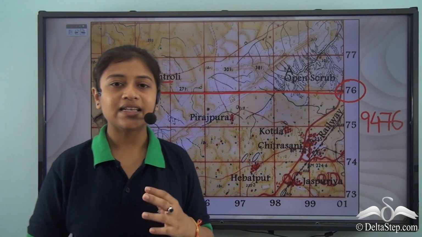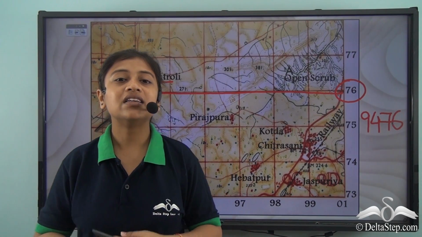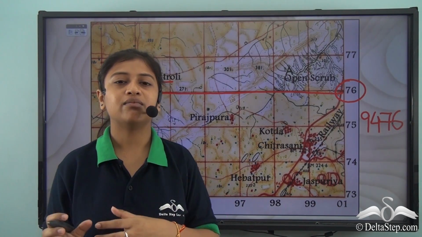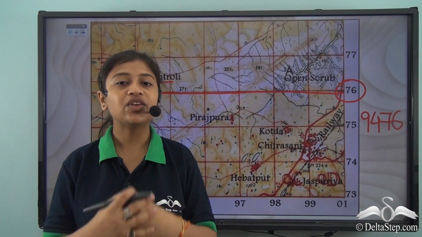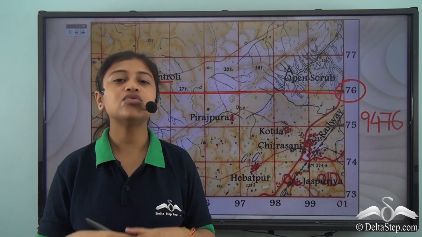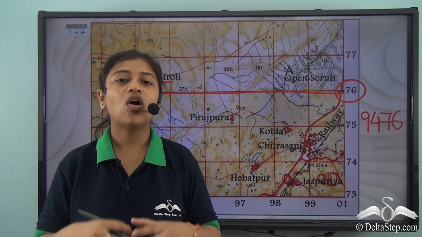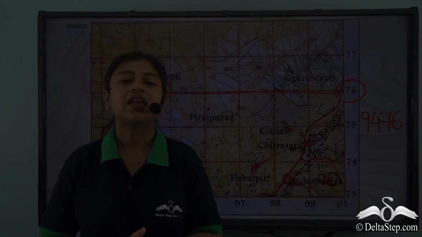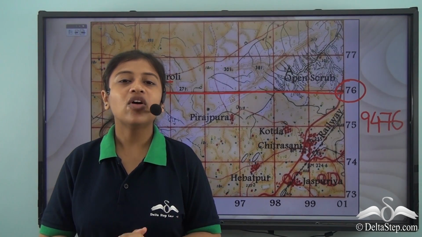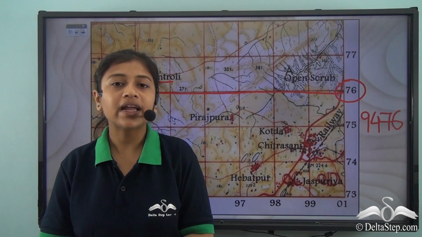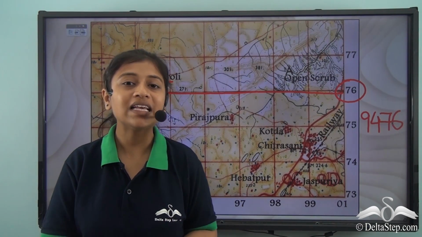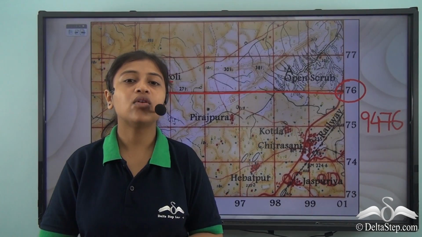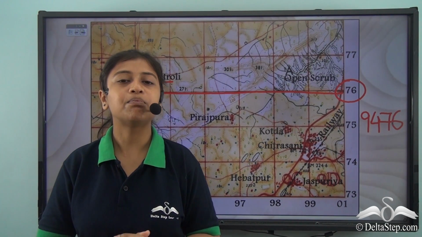So in this lesson, we were able to understand the meaning of topographical maps and saw how we can use these topographical maps to locate places or locate physical features in a particular area. We also understood that we can locate these places with the help of northings and eastings and find out the grid reference of these places.